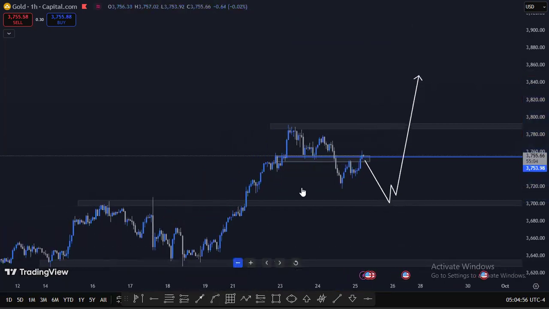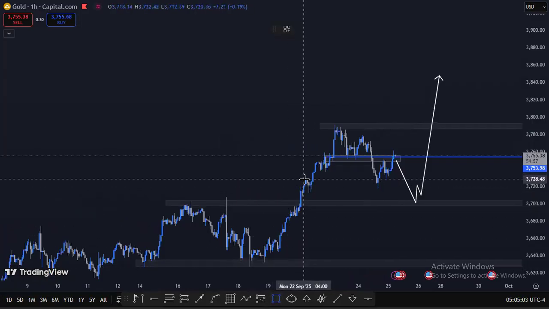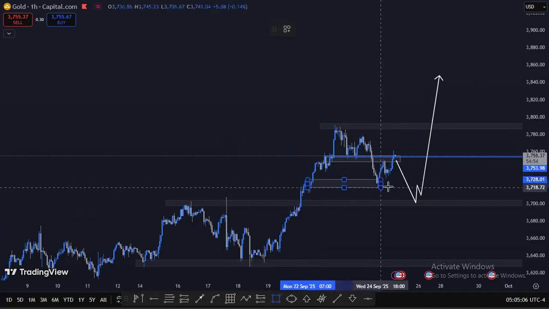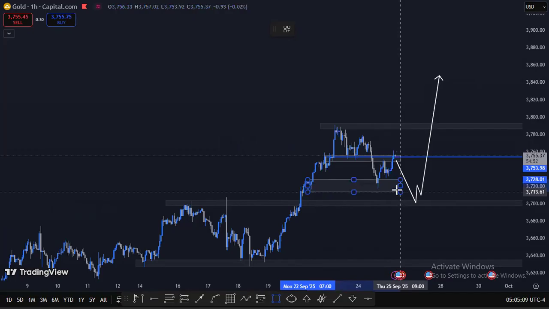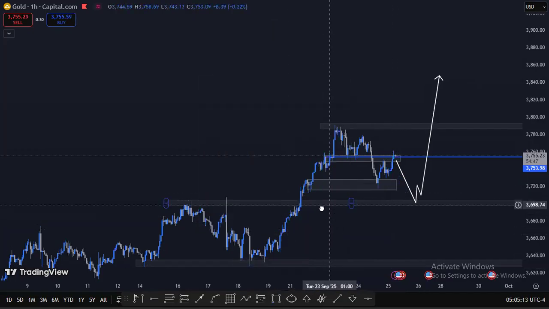But now price reversed at this level here, which is a level of supply. As you can see, that's why price actually reversed from that level.